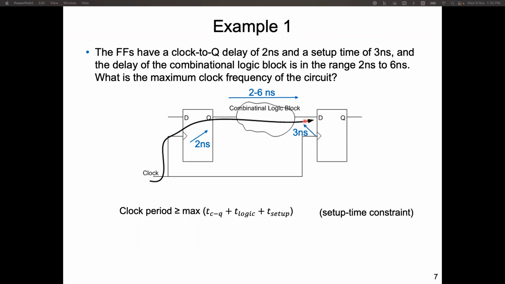So the arrival of the input of the second flip-flop should be a setup time before the rising edge of the next clock cycle, next clock edge.